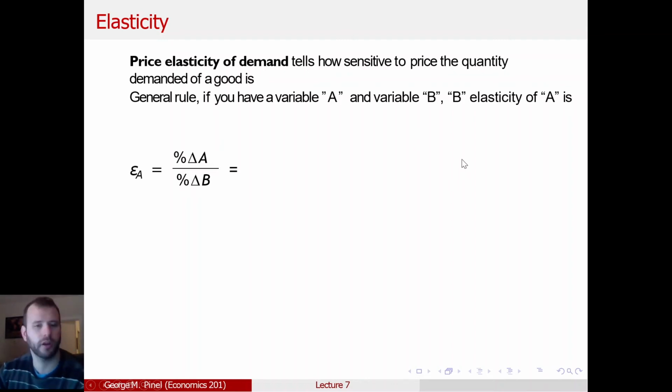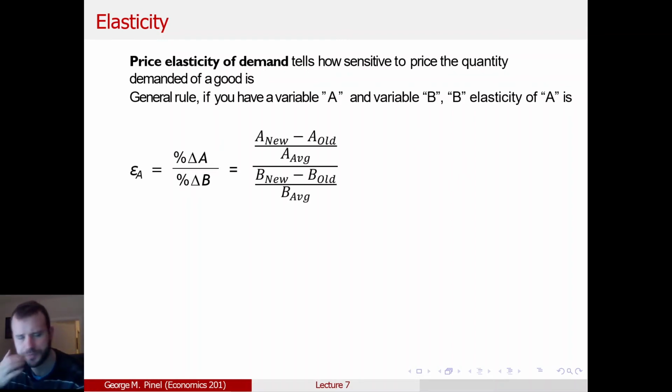Right, I was right. So you just plug in quantity new minus quantity old over quantity average, divided by price new minus price old over price average.